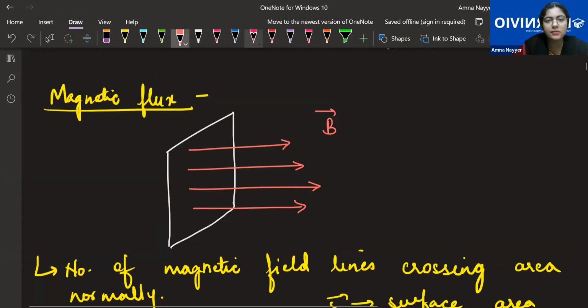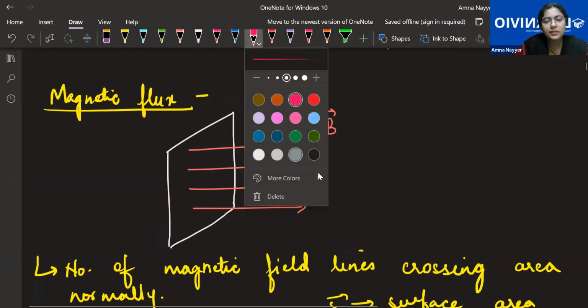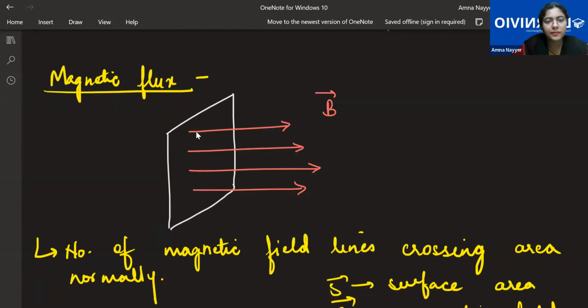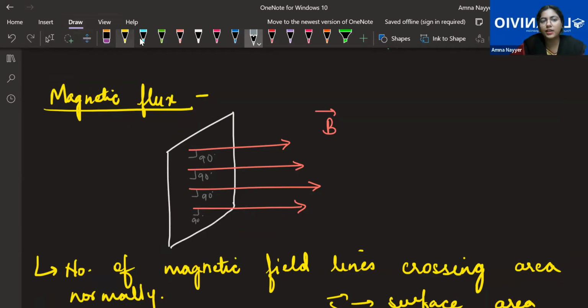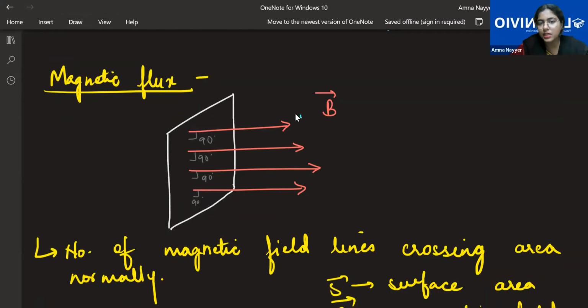Perpendicular to the plane means this angle has to be 90 degree. All these will be perpendicular to the surface. Then this is what is known as the flux. If I count, this is 1, 2, 3, 4, so I'll say the magnetic flux will be 4.